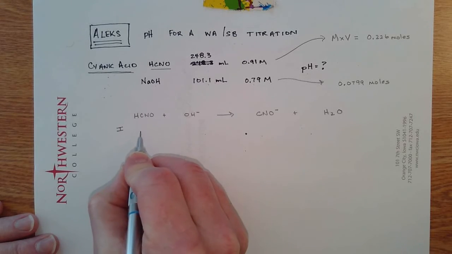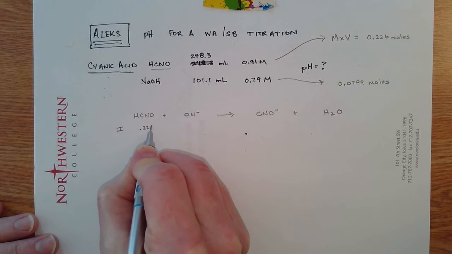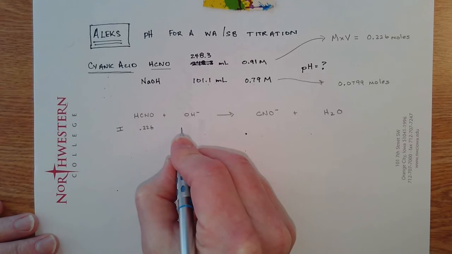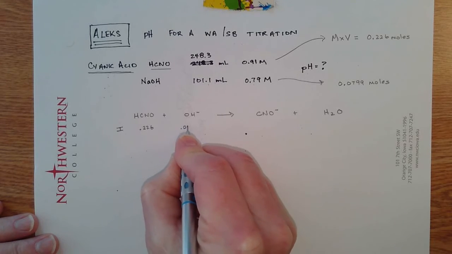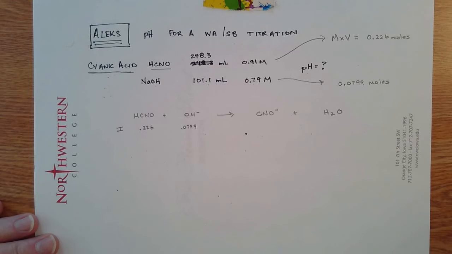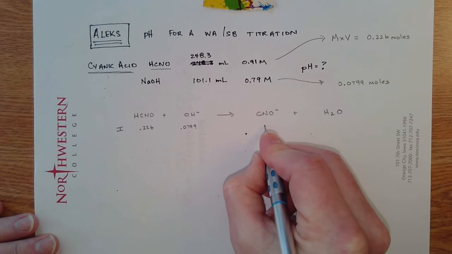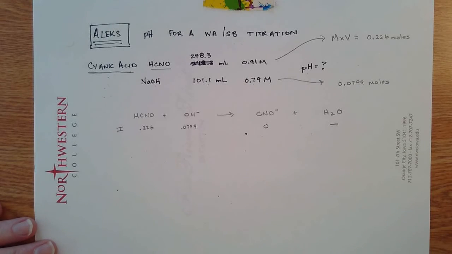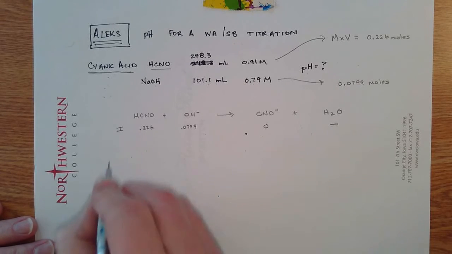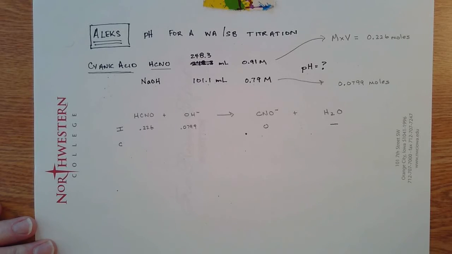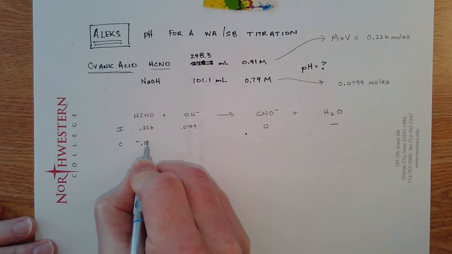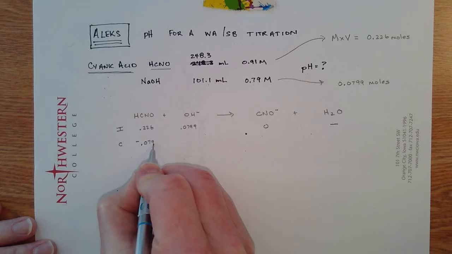So we start off with 0.226 moles of HCNO, and 0.0799 moles of NaOH. We don't have any of the CNO minus, and we just don't care about the water, so we'll just cross that off. Then we'll allow these things to react, and here we want to take a limiting reagent approach. So we'll subtract off the limiting reagent, which in this case is the OH.